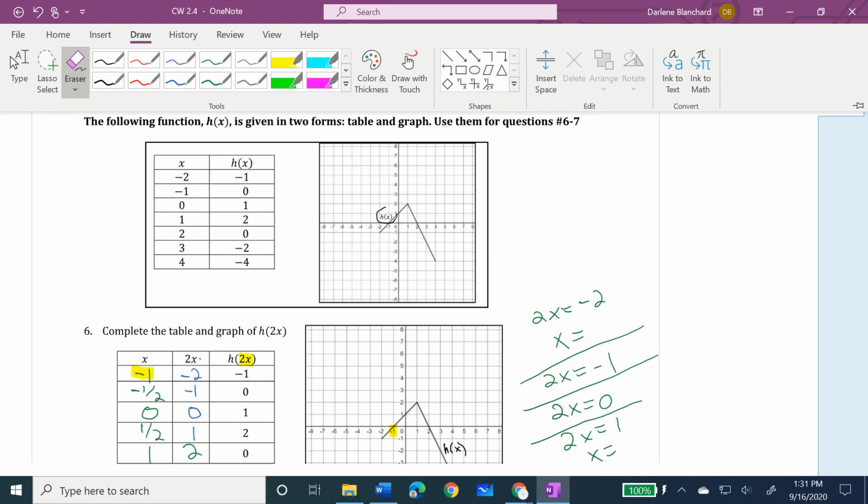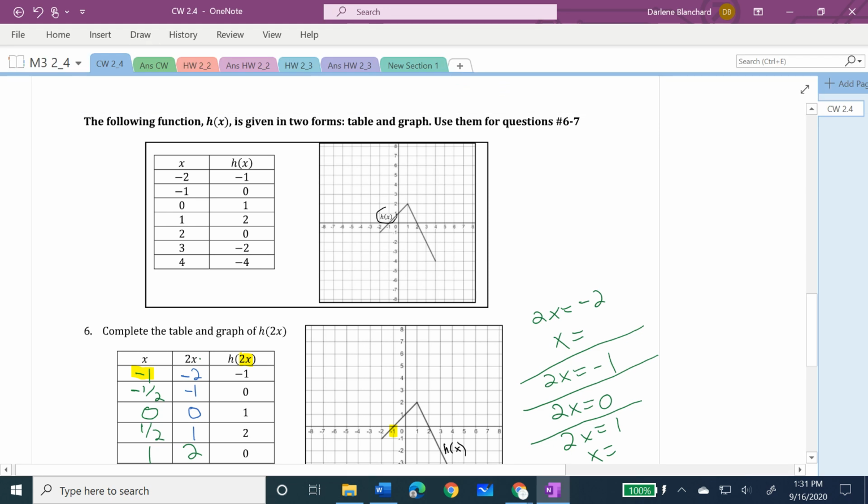So see if you can follow what I'm trying to show you. If I put -1 into x and I multiply it by 2, and I then ask what is h of 2x, h says, what are you putting in me? It's confusing because I'm using the x variable in both places. So what is the input for h of 2x? It is -2.